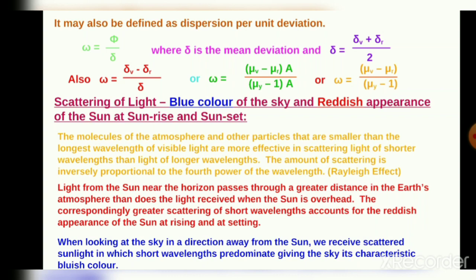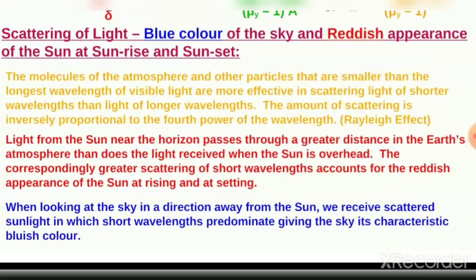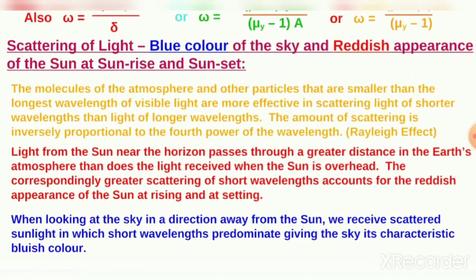The amount of scattering is inversely proportional to the fourth power of the wavelength. Light from the sun near the horizon passes through a greater distance in the earth's atmosphere than light received when the sun is overhead. Correspondingly, the greater scattering of the short wavelength accounts for the reddish appearance of the sun at rising and setting.